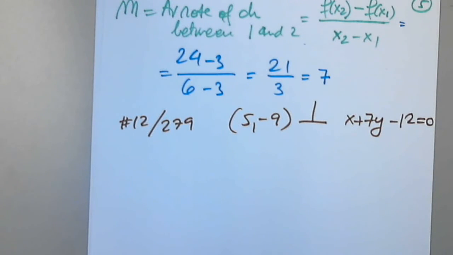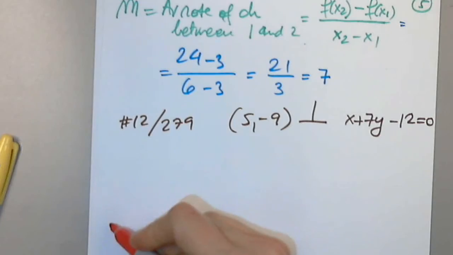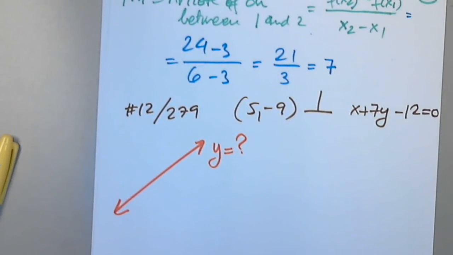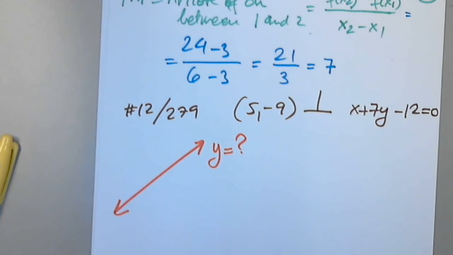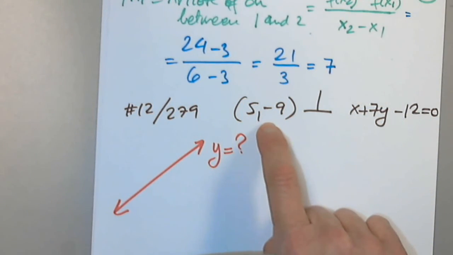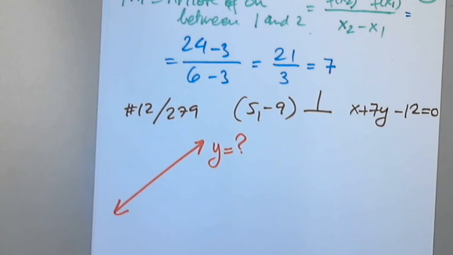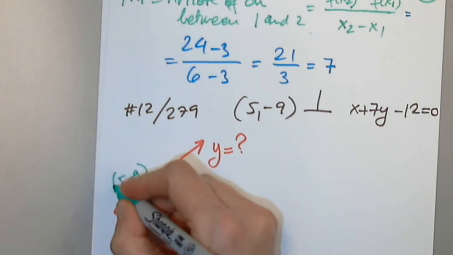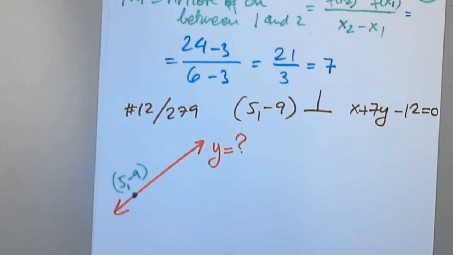One more time, we're asked to find the equation of a line. Let's say the line is this. I do not have the equation of this line. It's unknown, and I'm asked to find it. I am given 2 pieces of information. One is that the line is passing through this point, 5 comma -9. It's part of the graph.